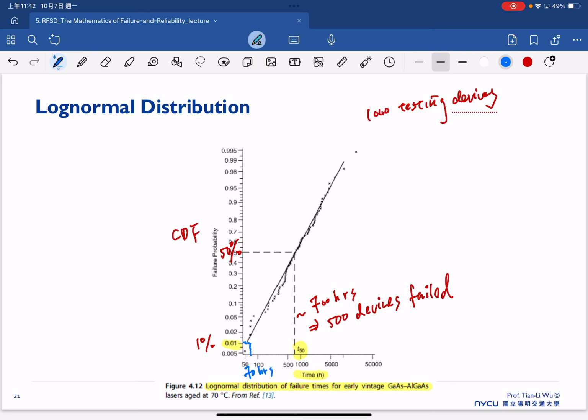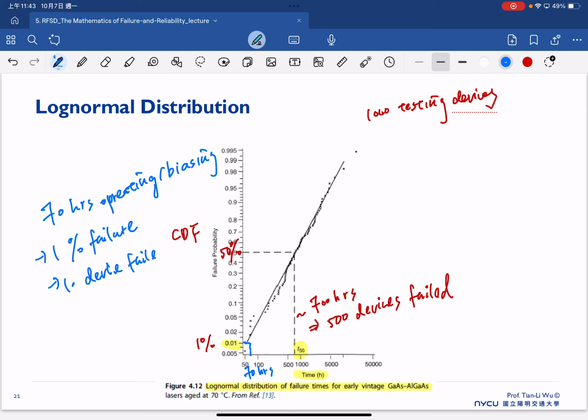So this is how this plot can tell us: if you have 70 hours operating or biasing, you have 1%. That means you already have 10 devices fail.